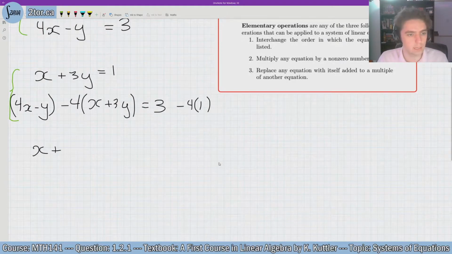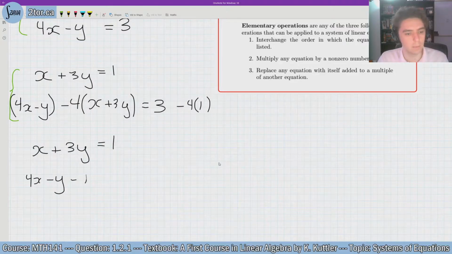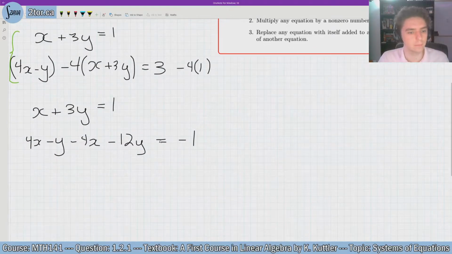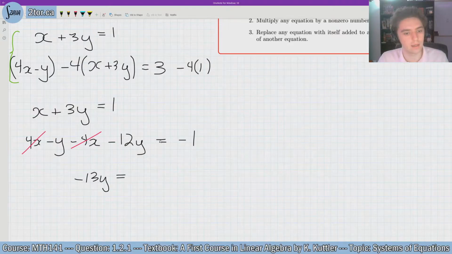Let's simplify the bottom here a little bit. So the top stays the same: x plus 3y equals 1. And on the bottom here, we have 4x minus y minus 4x minus 12y equals 3 minus 4, which is negative 1. So I just distributed the negative 4 in there. One thing to notice is that 4x and negative 4x cancel. Negative y and negative 12y combine into negative 13y equals negative 1.